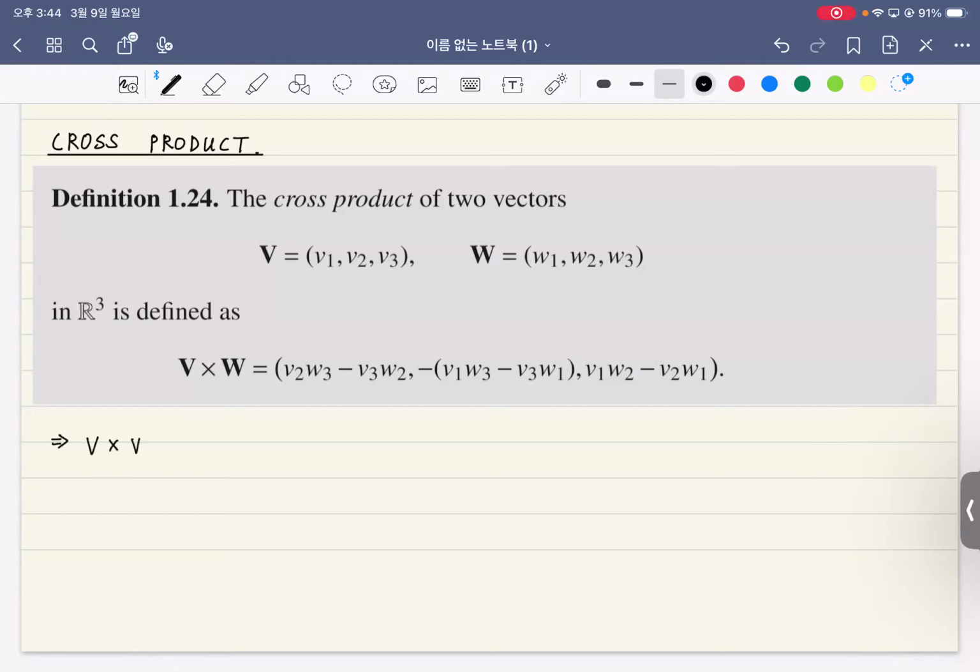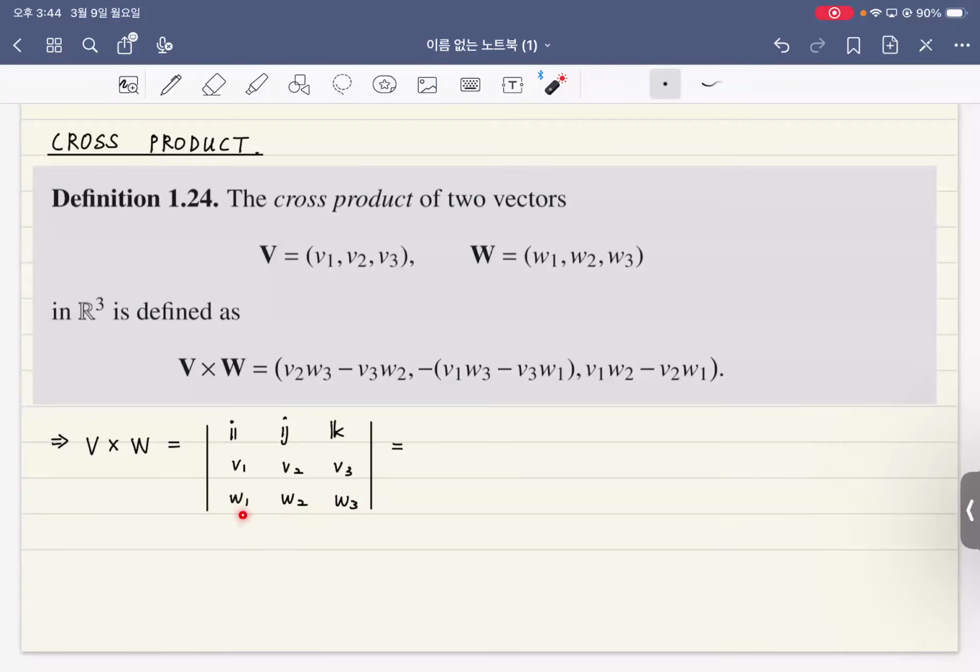I know this doesn't make any sense, but typically they use the physicist notation i, j, k, then v1, v2, v3, and w1, w2, w3. So the coordinates of the first vector are on the second row, and the coordinates of the second vector go to the bottom row of this sort of matrix.